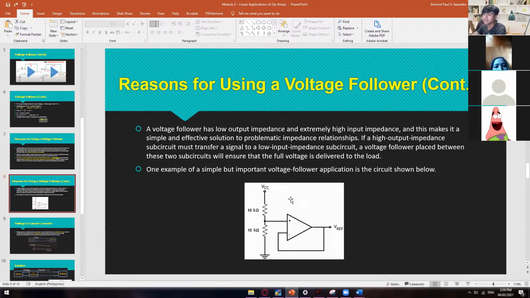Okay, so one example of this one is this simple circuit. It's a voltage follower wherein we have here a voltage divider. So it's a combination of those two circuits.